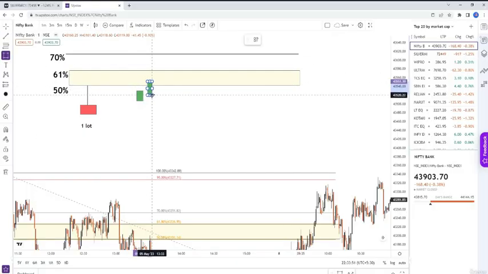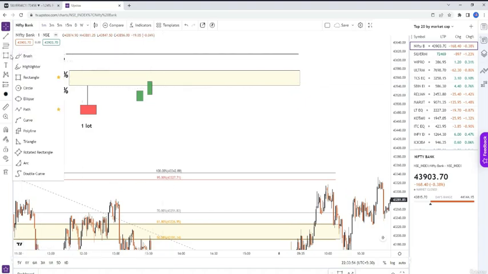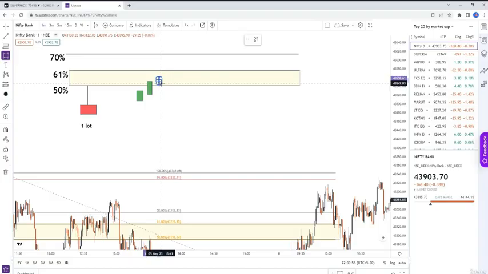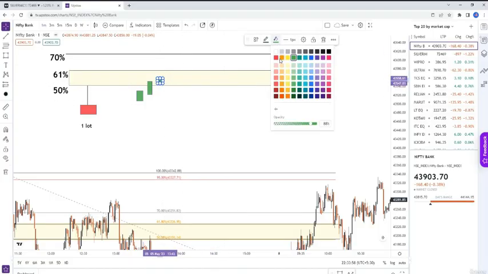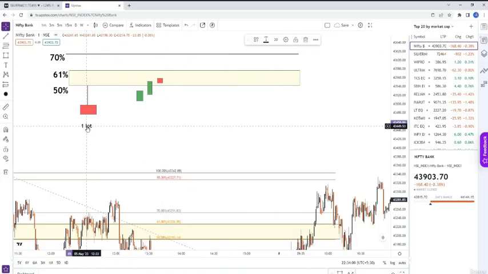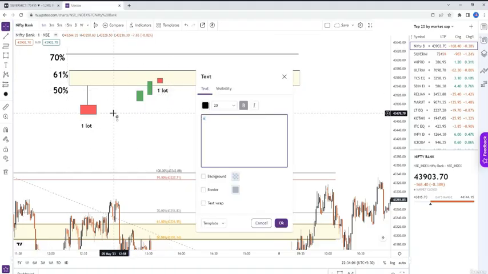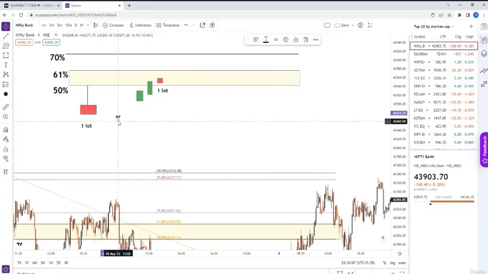And then inside the zone, the first bearish candle it makes. So here I will enter, in this or this. Your one lot entry will be like this, if it makes a shooting star.